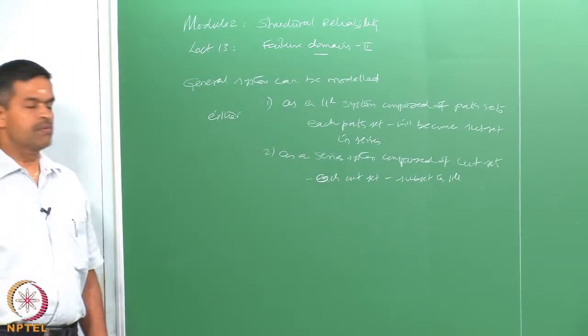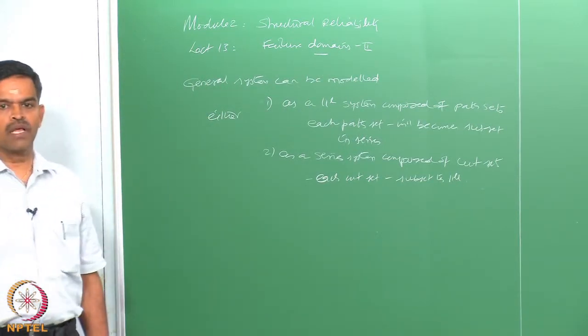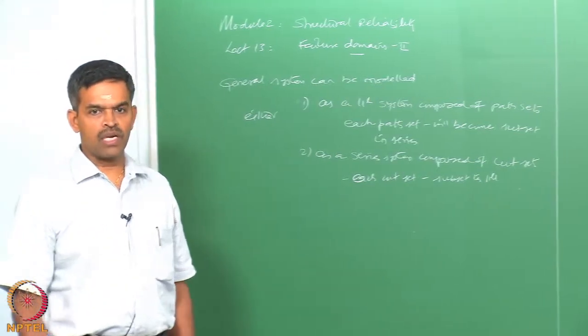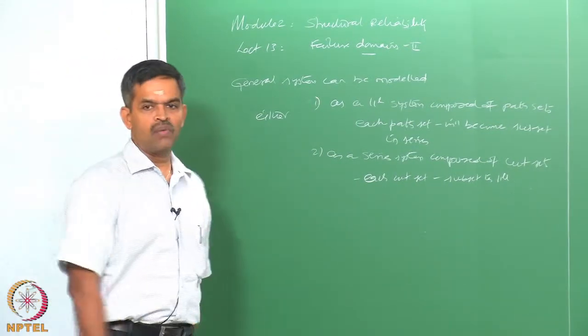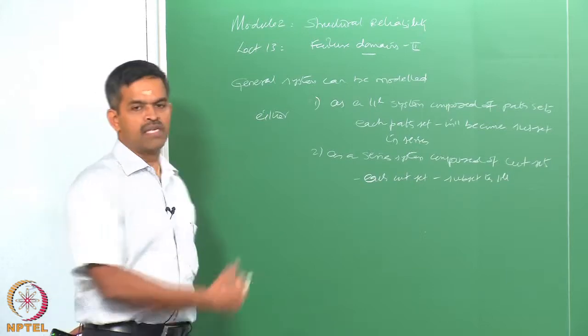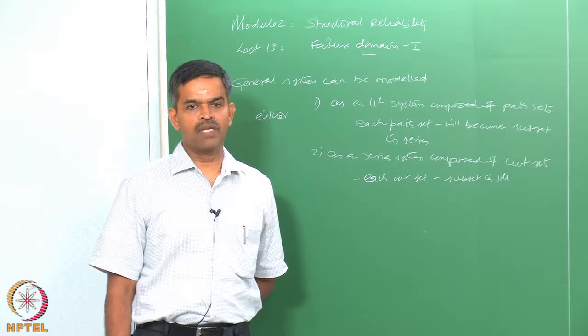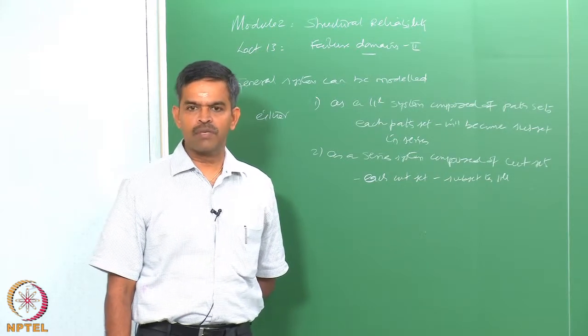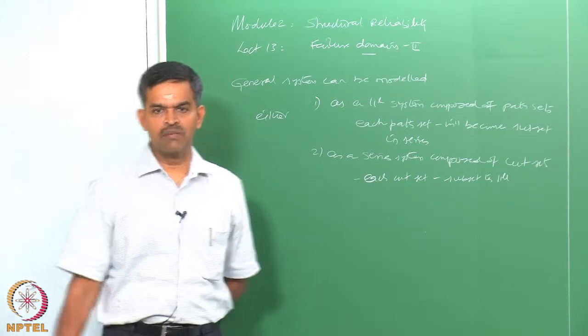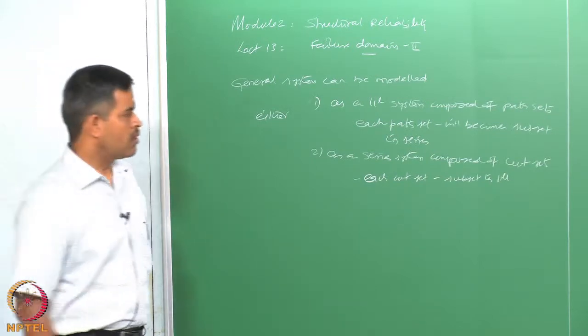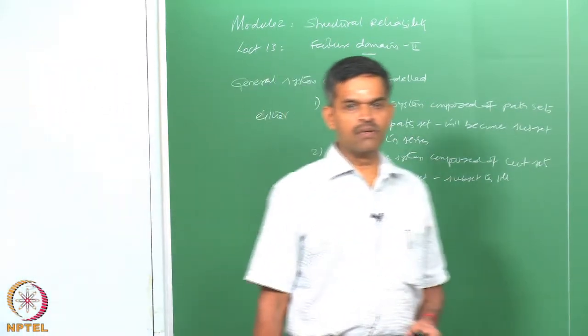So, the first order approximation of general system reliability is based on the cut set formulation, which I will discuss now, which we already discussed partially in the last lecture. A similar approach can also be developed using a path set formulation in order to estimate the probability of failure of a given general system. Okay. Now, let us talk about the cut set formulation.